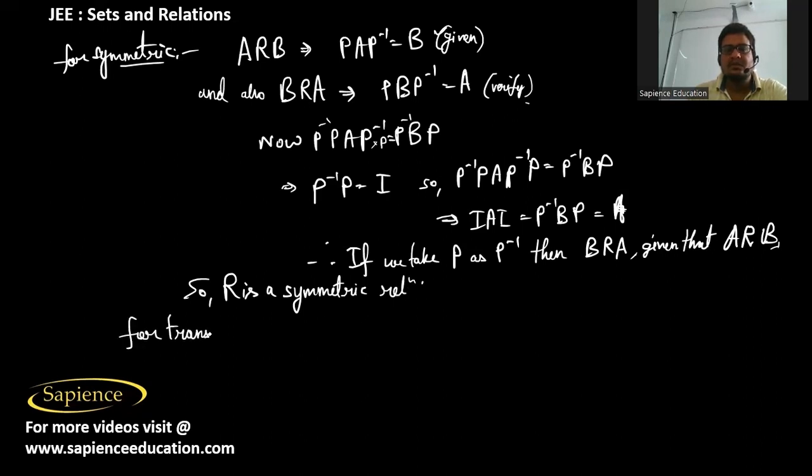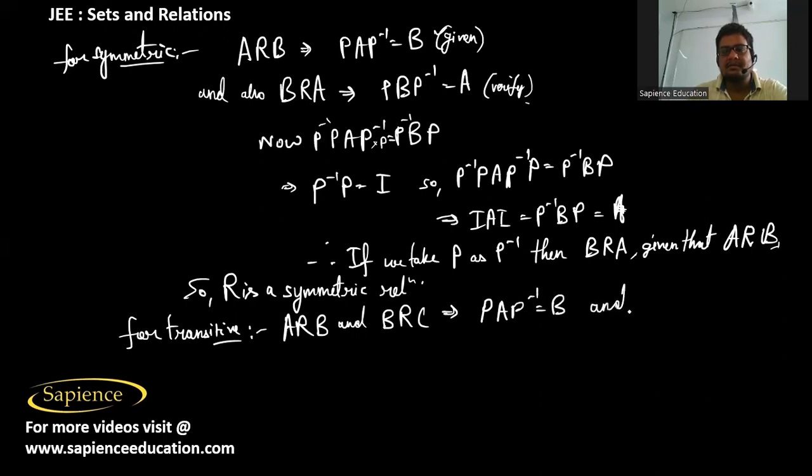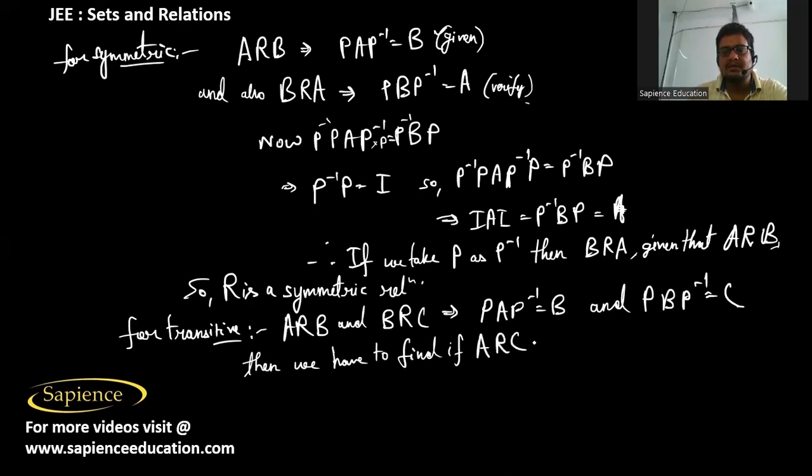So for transitive, A is related to B and B is also related to C. It means that PAP inverse equals B and PBP inverse equals C. And then we have to find if A is related to C or not.